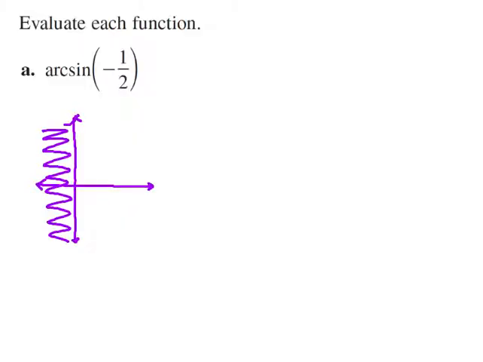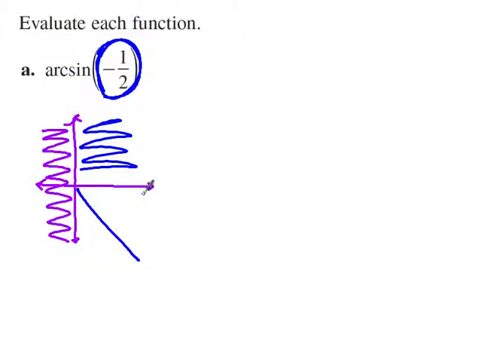So now of these two remaining quadrants, I need to draw a triangle in one of them, and that triangle has to have a sine value of -1/2. Of those two quadrants, where is sine negative, 1 or 4? 4, because remember in quadrant 1 everything's positive. So I'm going to draw a triangle with a sine of -1/2. Sine is opposite over hypotenuse. Here's my angle, and we'll call it x.